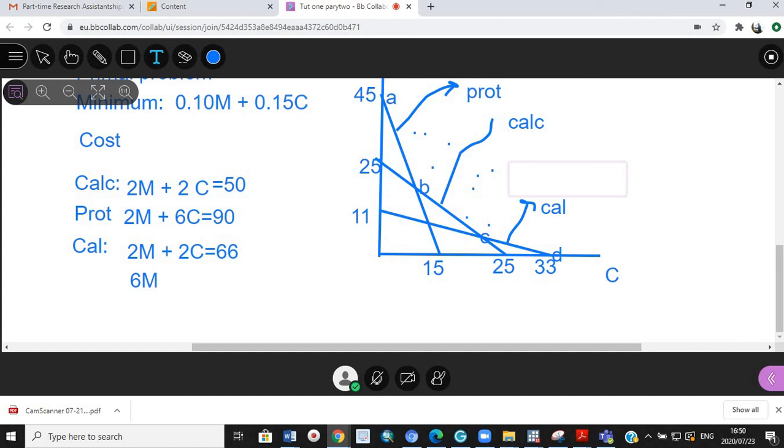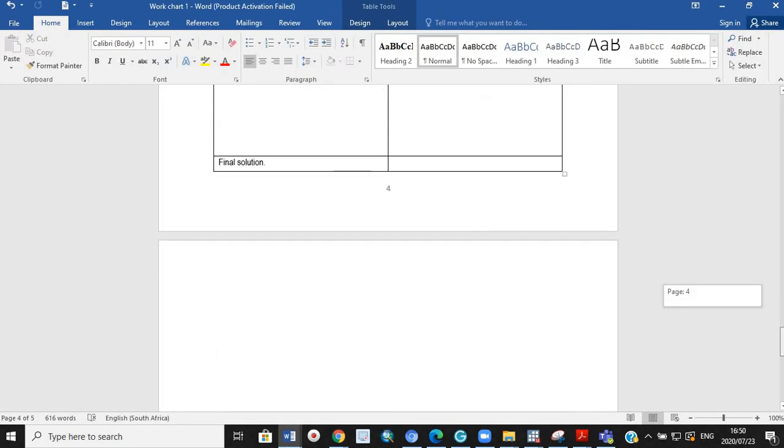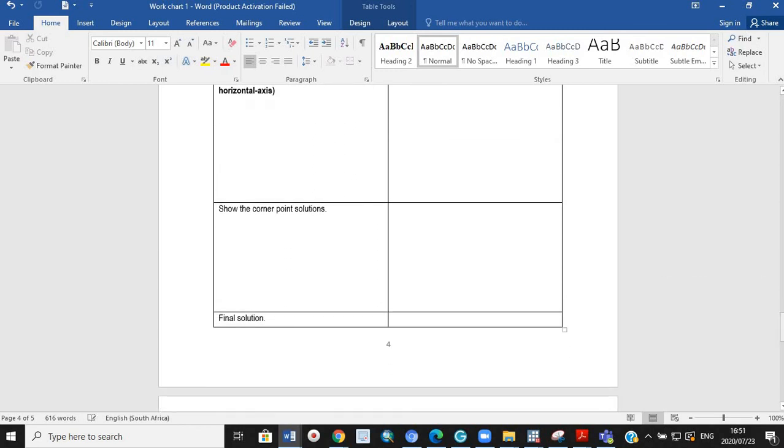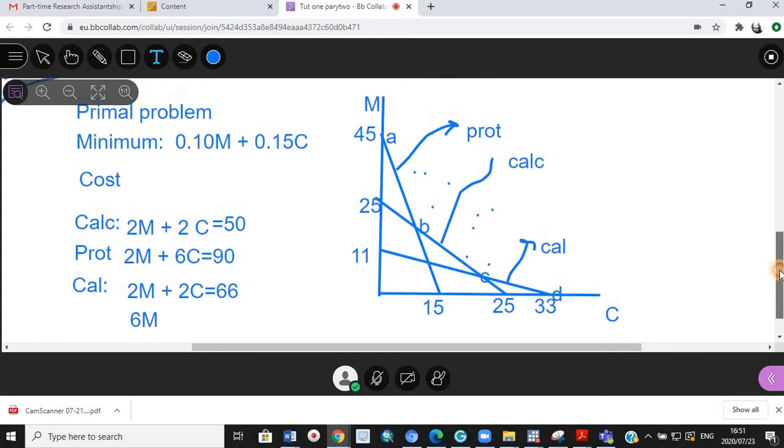Okay. We're not done yet. What does the second question say? It says show the corner points solutions since we have A, B, C, and D. All right. Here we'll say for A, right? We'll say this is 45, then 0.